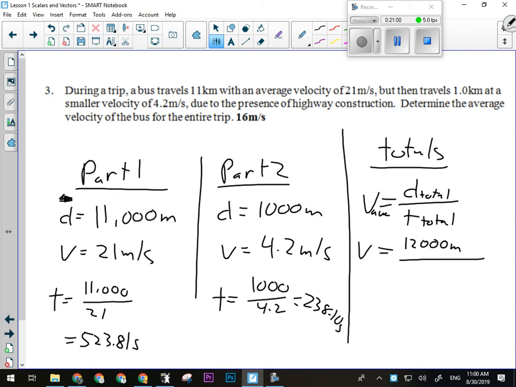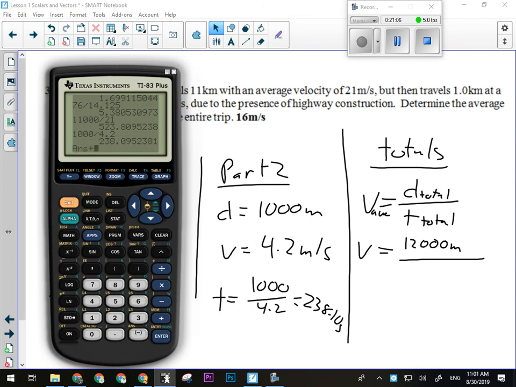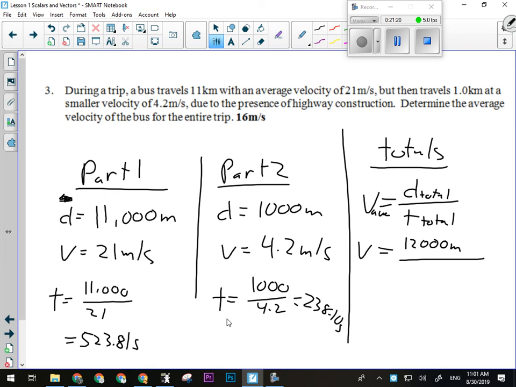All right, so now I've got the times for the two parts. If I add those two together, I'll have my total time. So we're looking at 761.91 seconds. Okay, so I've got my total distance divided by my total time, right? I'll have my average speed for that one.